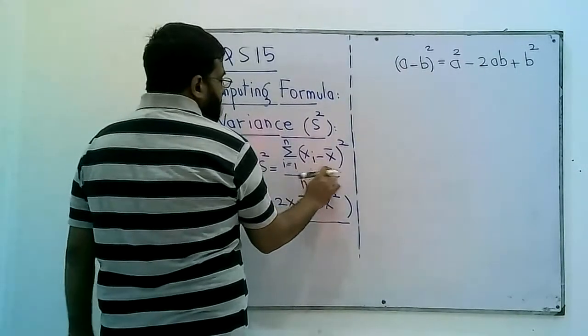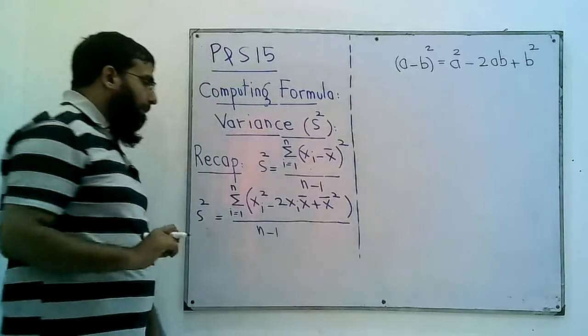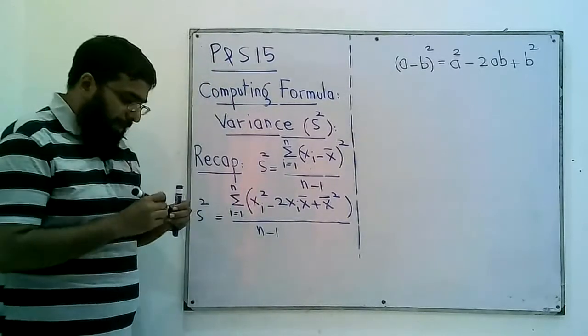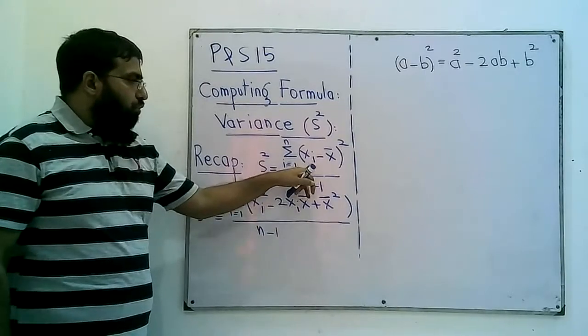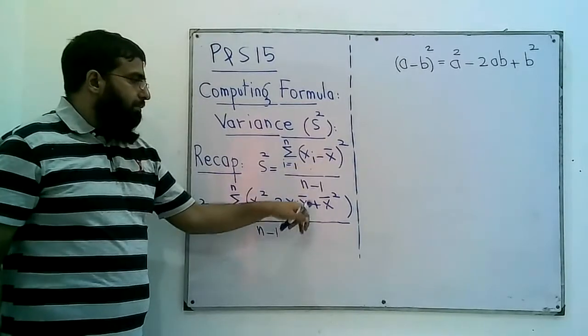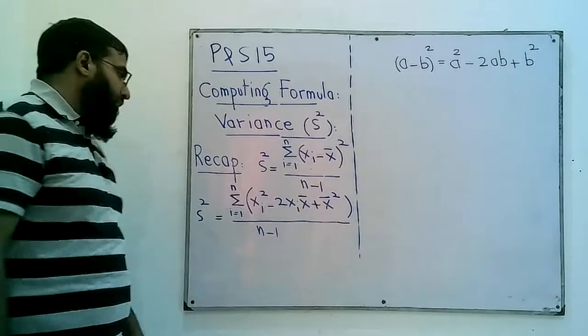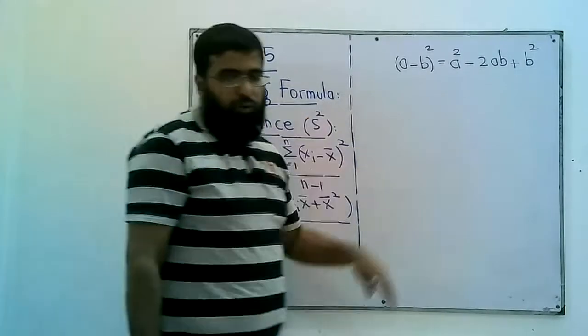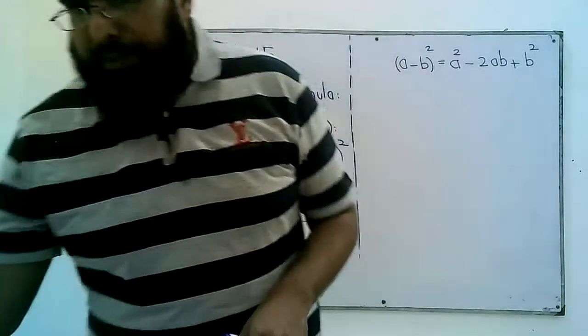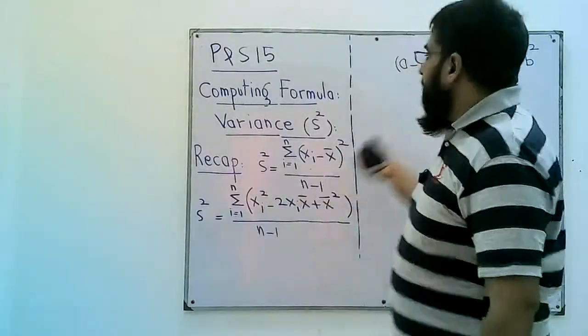So applying the same formula, we come up with xi squared minus 2 times xi times x bar plus x bar squared, divided by n minus 1. So we have applied the school formula on the basic expression to compute variance.